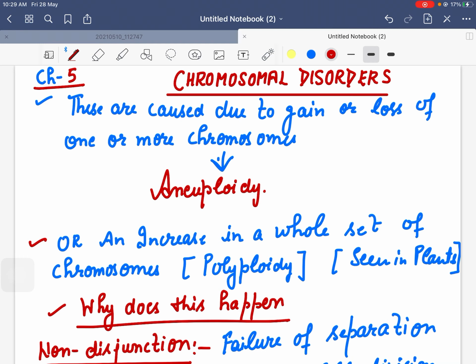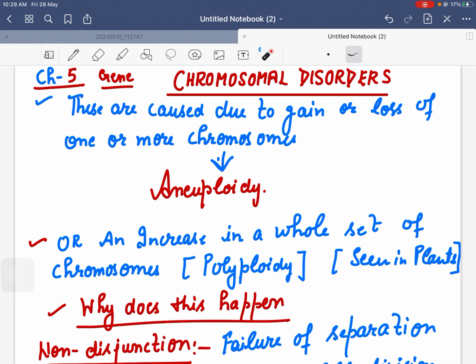Now, as you know, Mendelian disorders are the ones in which there is mutation in a single gene, and those defects can transmit from parents to offspring. But chromosomal disorders are different from Mendelian disorders in that here it is not the gene, here we are going to talk about the chromosomes.